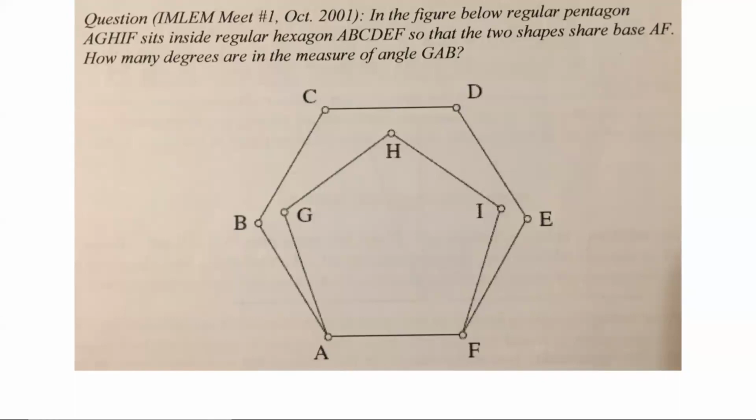Keep in mind for this problem that we have to remember what we learned before, that the sum of all the angles in a polygon is 180 times n minus 2.